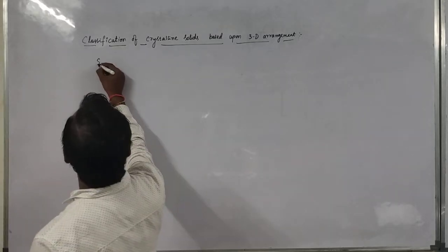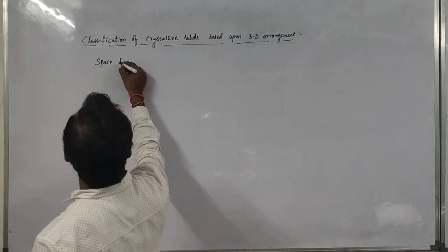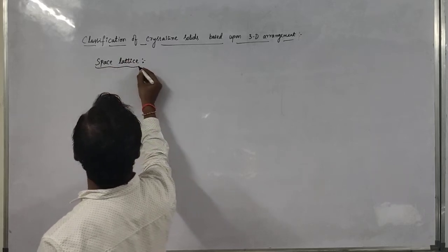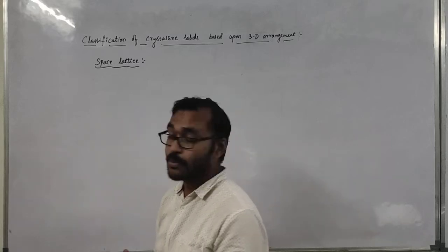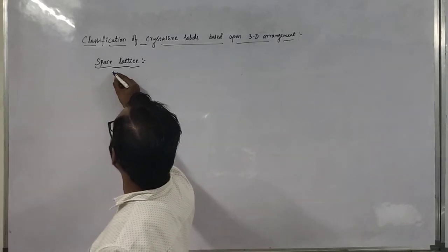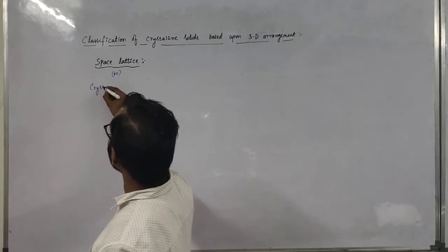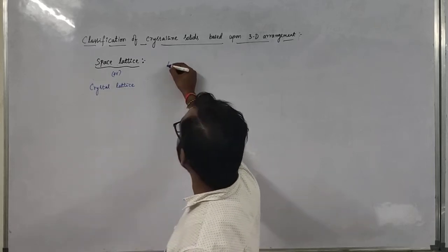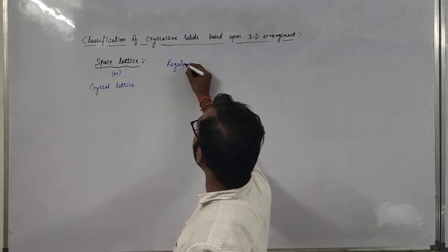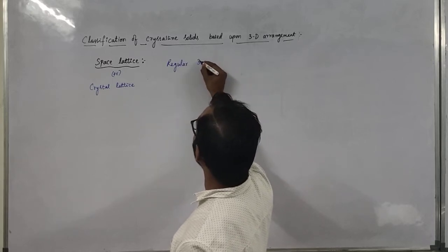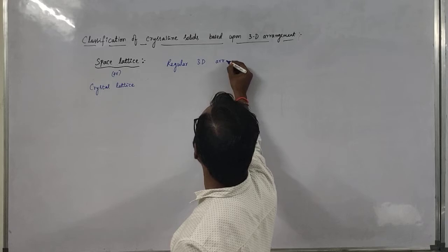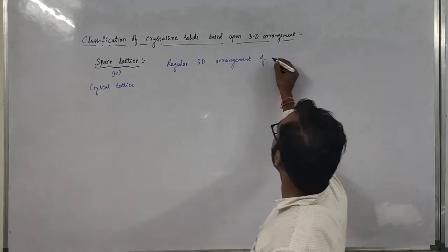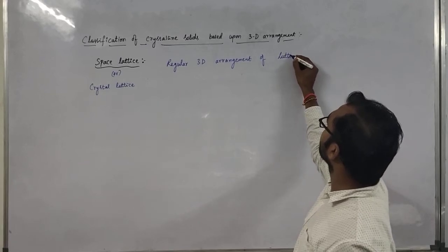Right. Now what do you mean by space lattice? It is a regular 3D arrangement, either space lattice or crystal lattice. So it is nothing but a regular three-dimensional arrangement of lattice points.